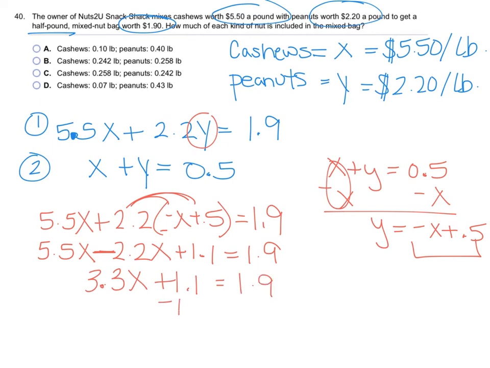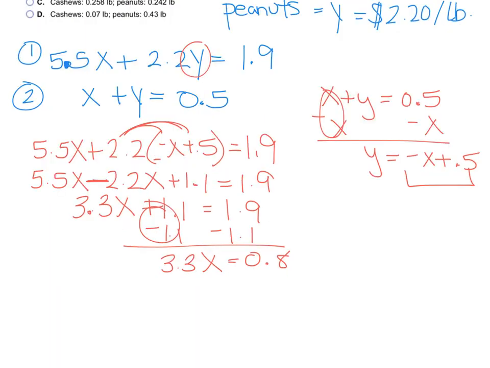Now I'll subtract 1.1 on both sides of the equal sign. And we have 3.3x equals 0.8. To solve for x, we just need to divide both sides by 3.3. X equals 0.8 divided by 3.3.